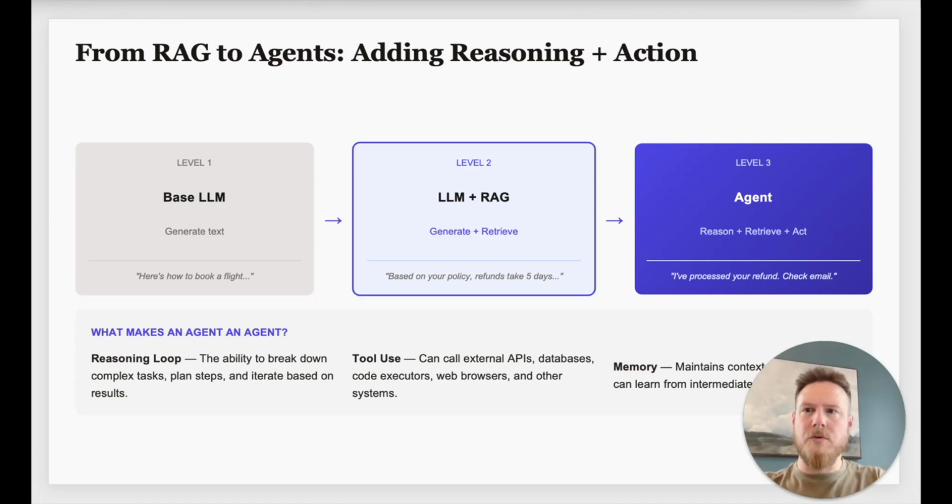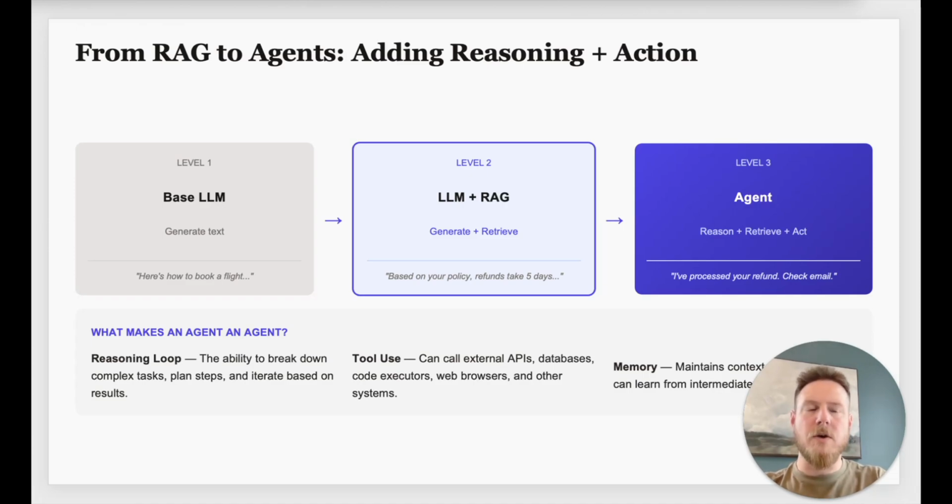Then level 2, you have the large language model plus RAG, which can generate text and also retrieve relevant information. It tells you your specific refund policy takes 5 days because it looked it up. And then next, you have level 3, which includes the agent, which can reason, retrieve, and now act. It can actually process your refund and tell you to check your email based on the confirmation that it just sent you.